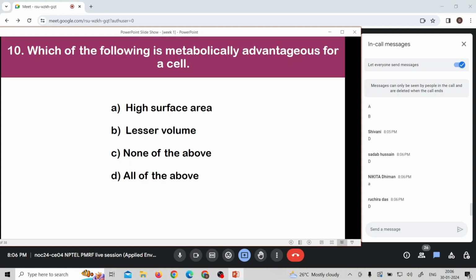Okay, most of you have answered D, and one person A. Can you just give a few word or a line explanation of why you chose the answer in the chat box? Or maybe what is the metabolic advantage? Just a 2 3 word answer would do.